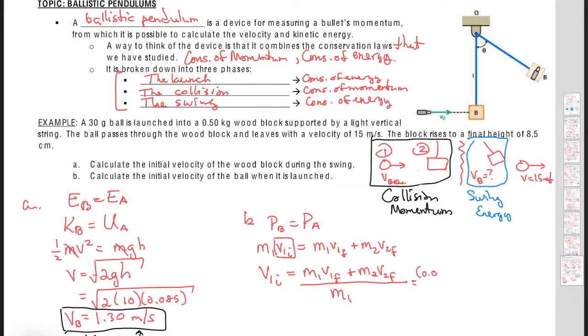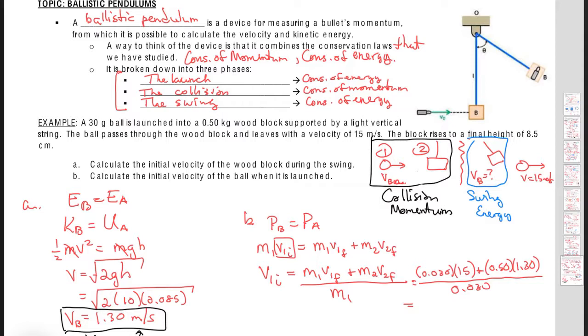So it's going to be 0.030 kilograms times 15, because that's our after, plus the block, 0.50 times 1.30, divided by 0.030. And now I'm going to grab my phone to use as a calculator.